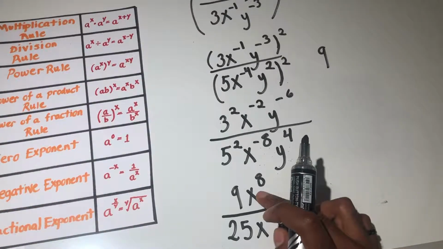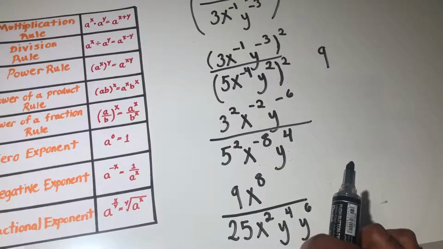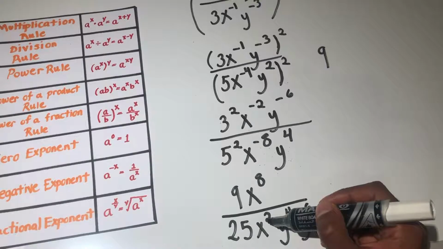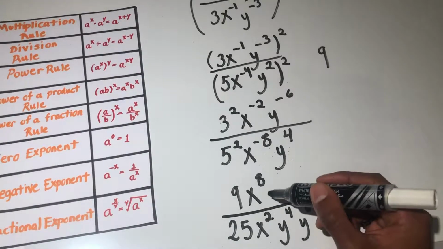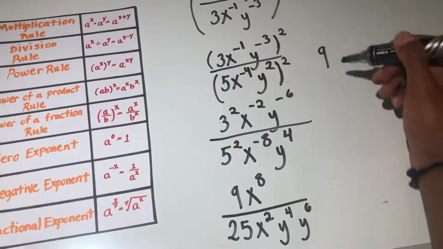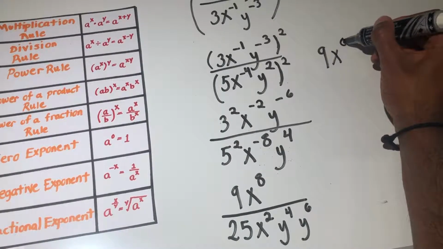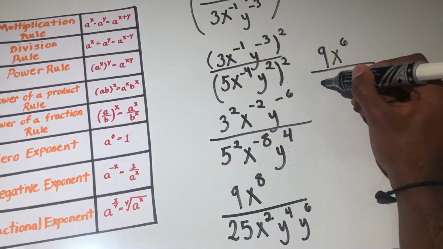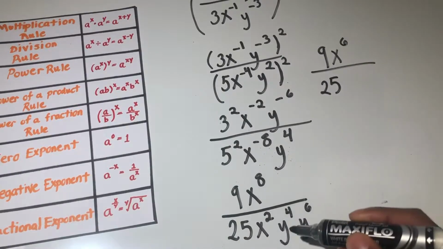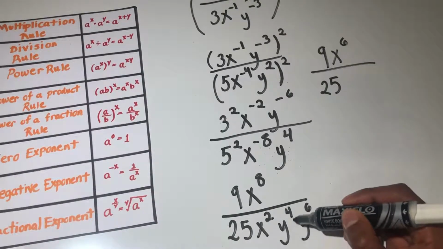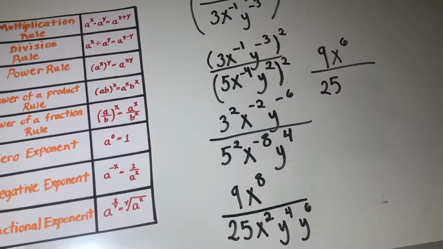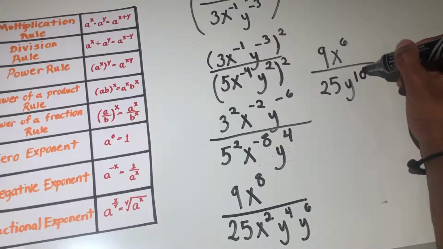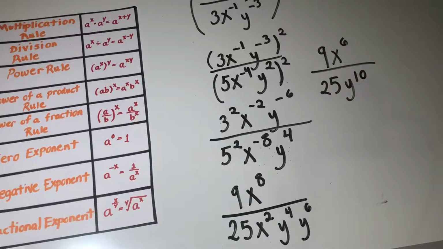If you have the same common base and they're being divided by each other, you just subtract the power. So x to the power of 8 over x to the power of 2 is going to become x to the power of 6 at the top. And all this is over 25. We have y to the power of 4 times y to the power of 6. That's just going to give us y to the power of 10. And that's our answer.